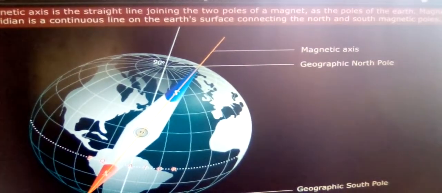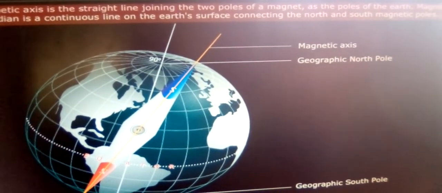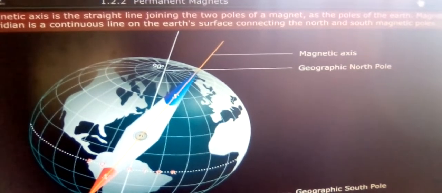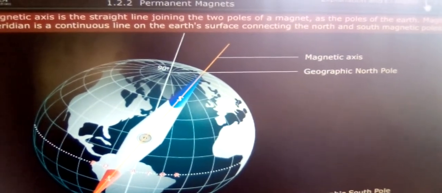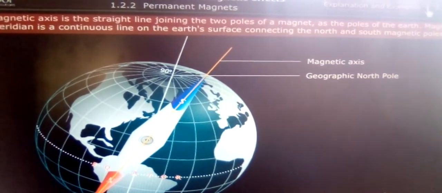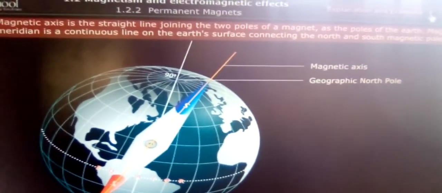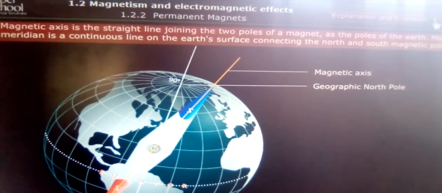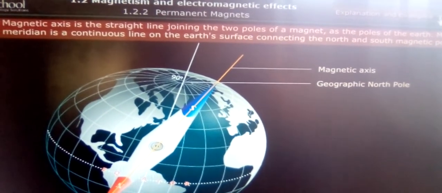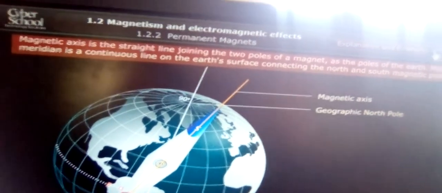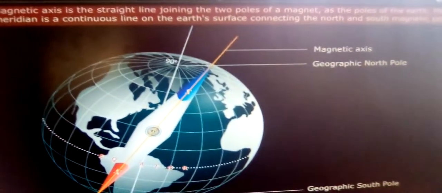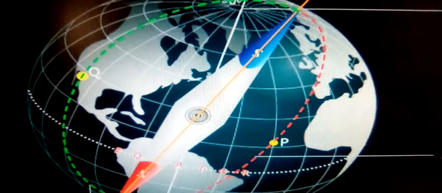So we are saying that when I suspend my normal magnet on Earth, it will not rest horizontally, but it will follow this north-south direction, whereby the north end of the magnet I suspend will be up, and its south end will be down, because of the attraction of opposite polarities.